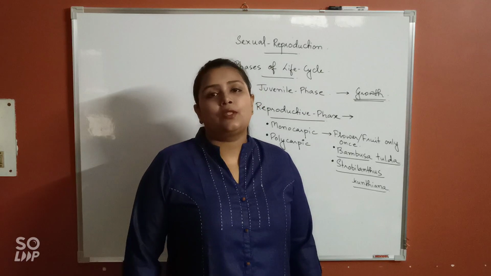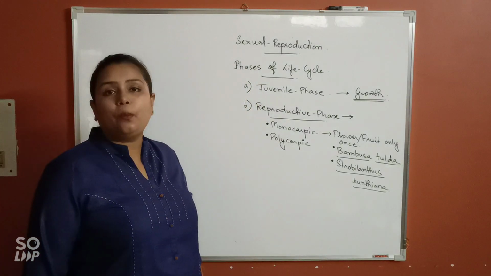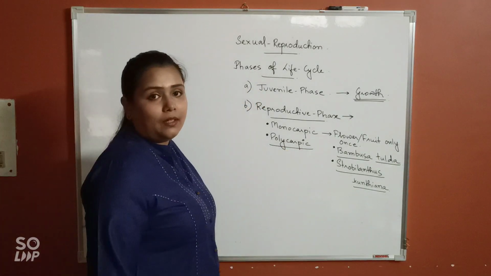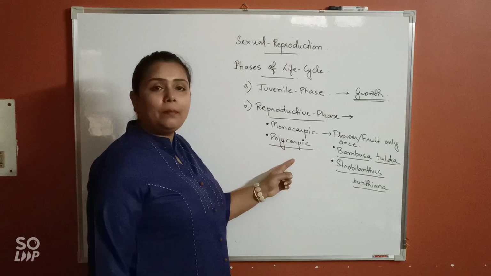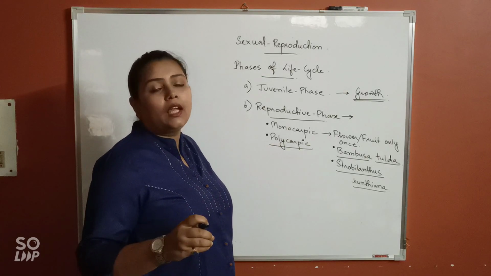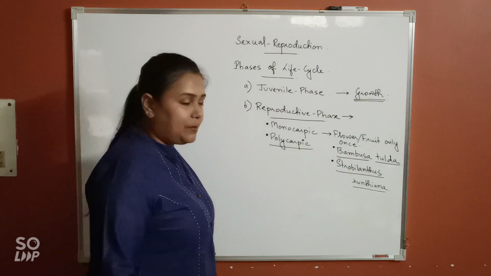Okay. So that was regarding monocarpic plants. Next, going to polycarpic. As the name itself suggests, poly means multiple or many. So polycarpic plants will be flowering or fruiting many times, repeatedly at short intervals in their life cycle.